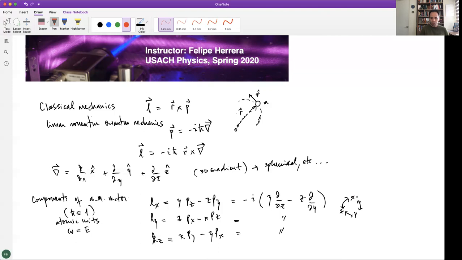If you want the component Lx, then you have y pz and z py, and if you want Lz, then this is x py and y px.